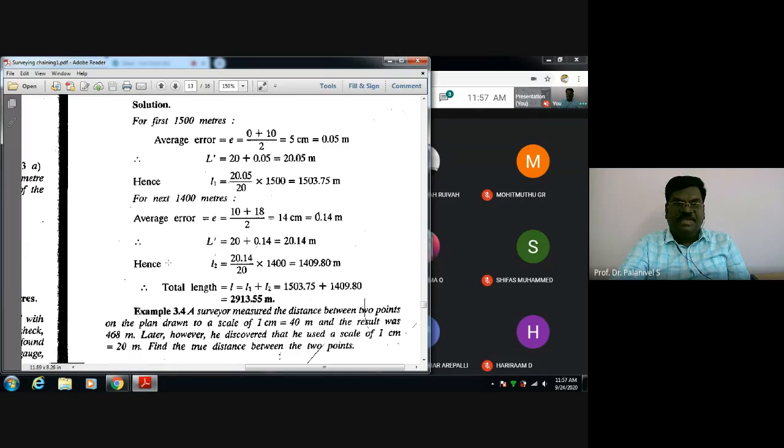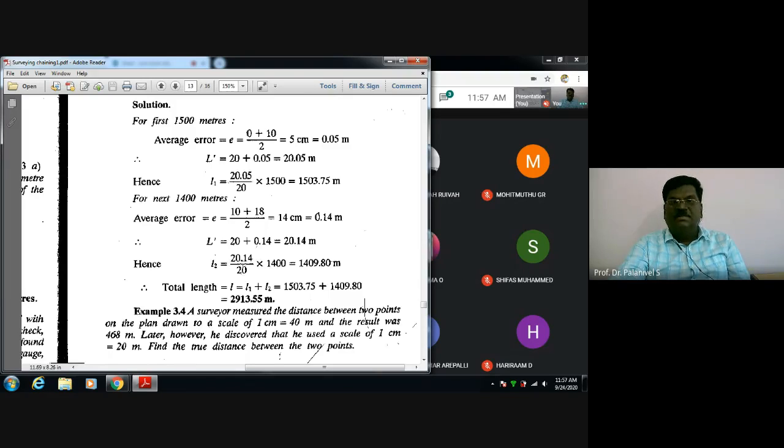Right. Hence L2, the true remaining length, is equal to 20.14 divided by 20. You can write the 1400 first. Measured length is L2 dash.